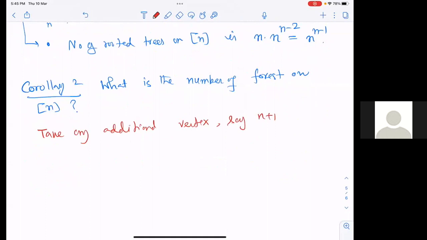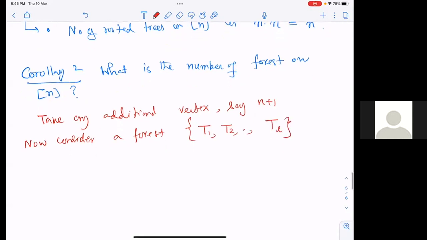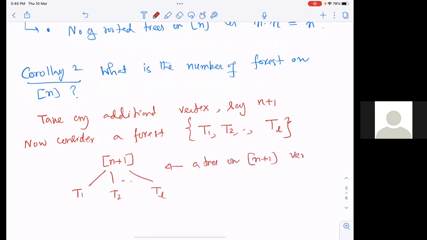So now consider a forest that has trees T1, T2, up to TL, possibly. Now you can associate a tree on n plus 1 vertices with respect to that forest.